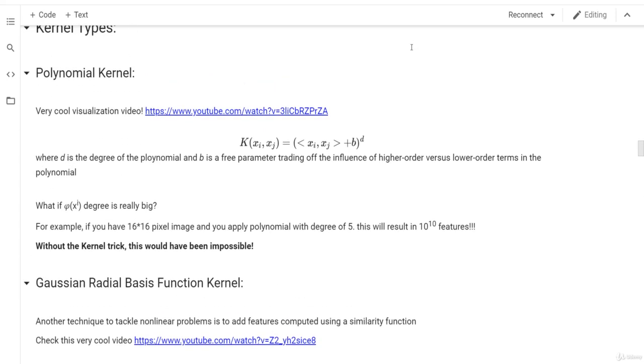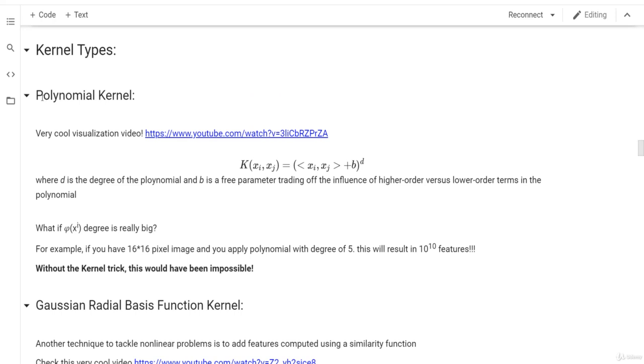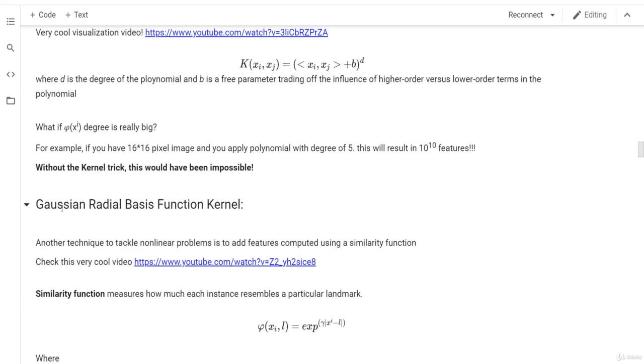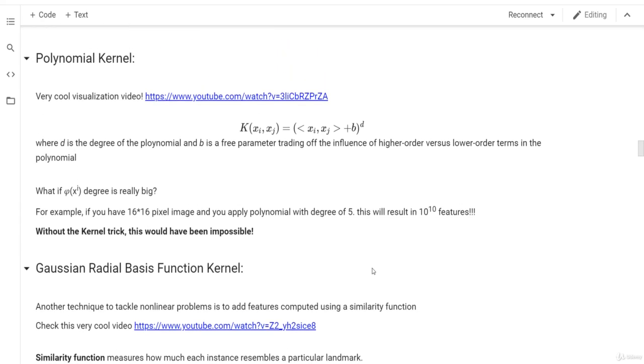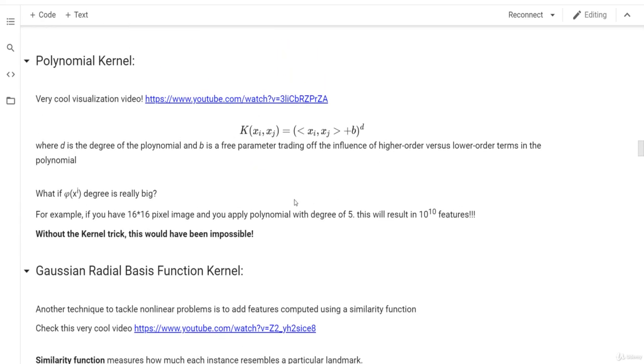Now we have another kernel. We explained what a polynomial kernel is. Now let's understand the Gaussian radial basis function kernel, or Gaussian RBF kernel for short. This is another technique to tackle nonlinear problems by adding features computed using a similarity function. The polynomial features we are getting are not coming from any intelligence.